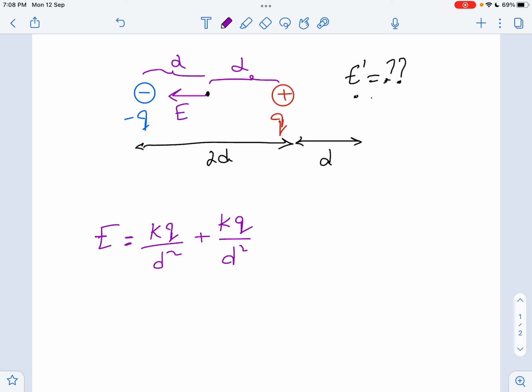I'm using magnitudes. So E is going to be 2KQ over D squared. That is E. Let's put it in a box.